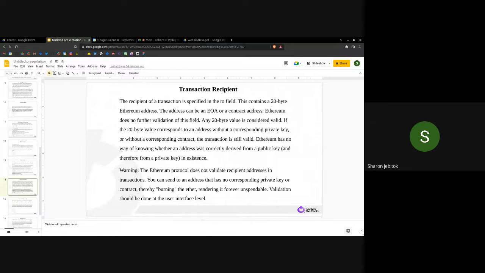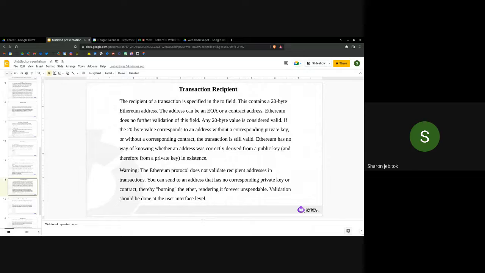So let's assume you're sending to an externally owned address that doesn't have a private key. One thing could be you're sending to an address that doesn't exist, which might not have its own private key.